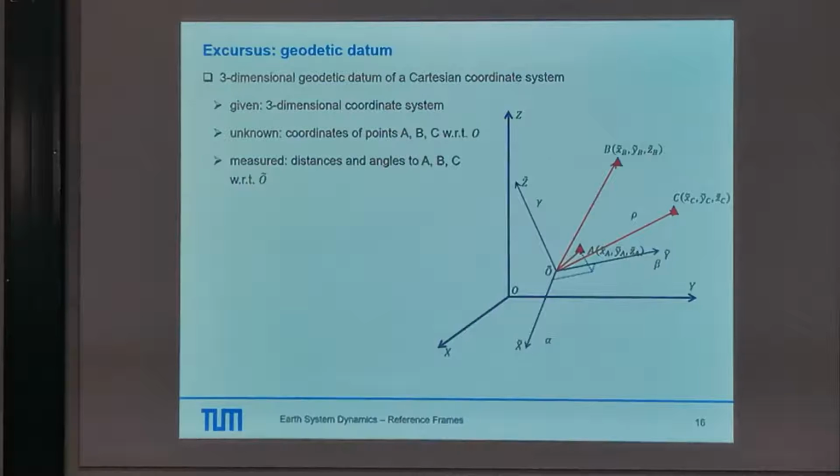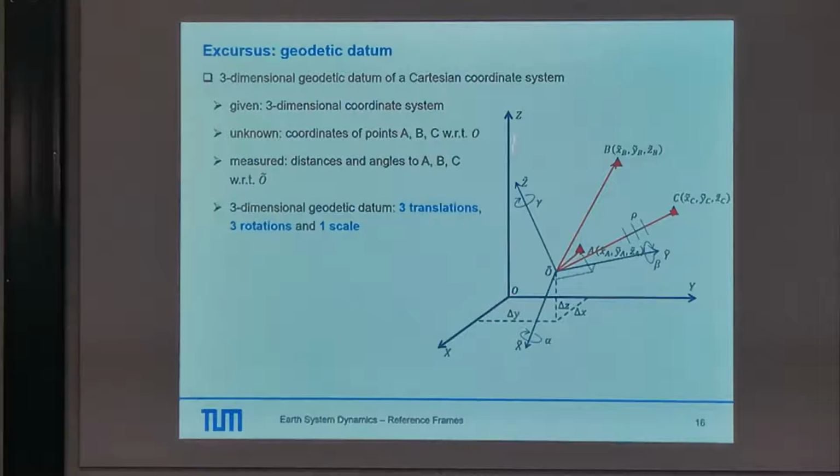And what we have to define now are, first of all, 3 translations of this point with respect to the origin O. We have then, in addition, defined 3 rotations around the different axes in order to align these axes with the reference system. And for sure, we have to define at least 1 scale.